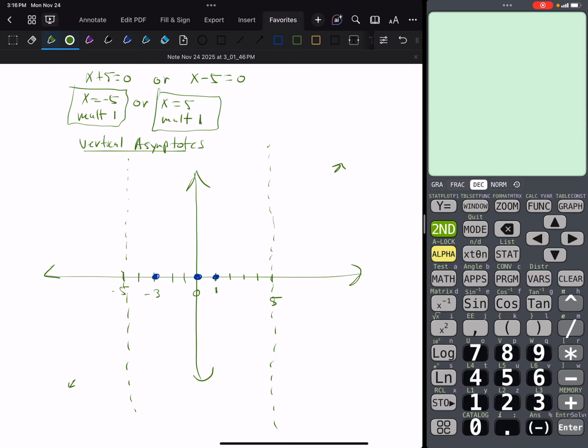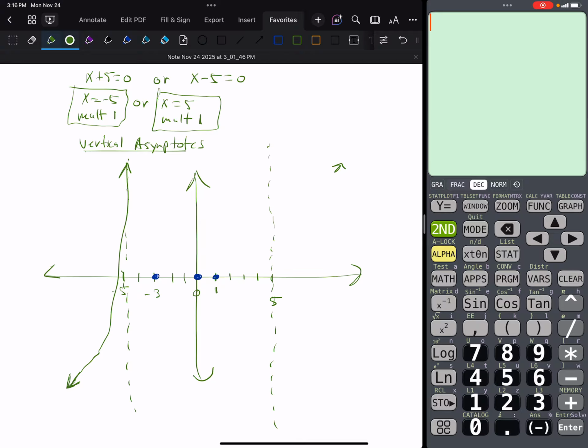And the best place to start here is probably just coming in from the left. Because if I come in from the left, I know that I have to start from down at negative infinity. And I come up, I come up, I come up, and I can't go up here.